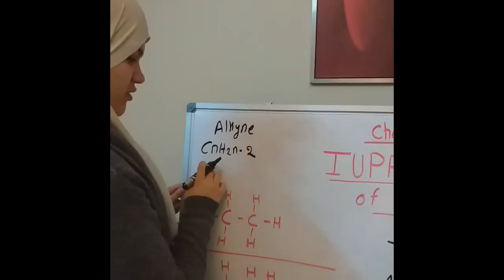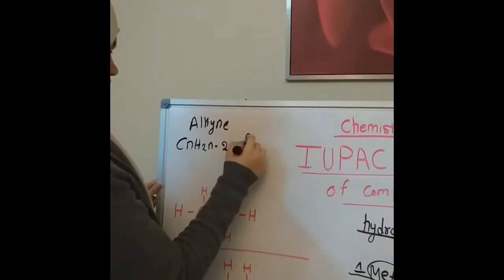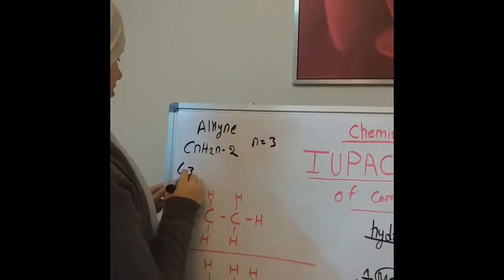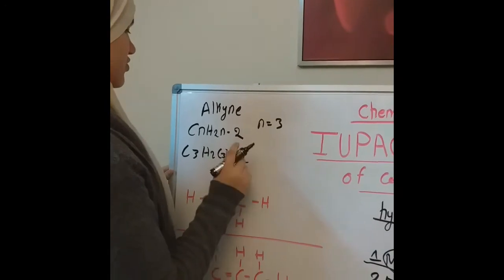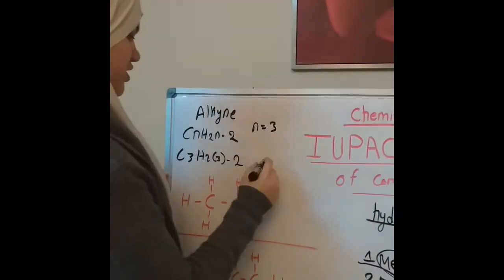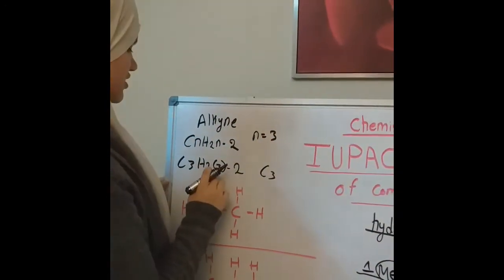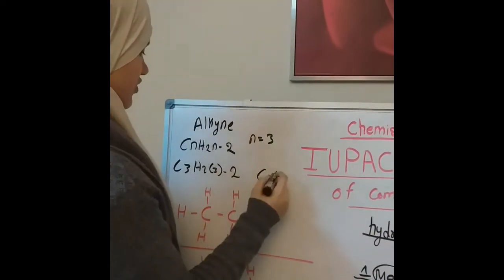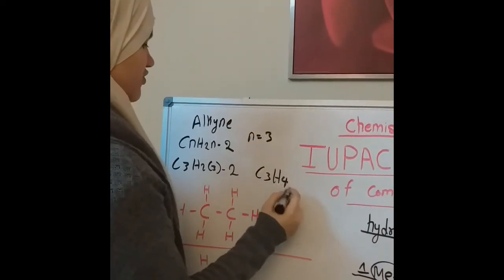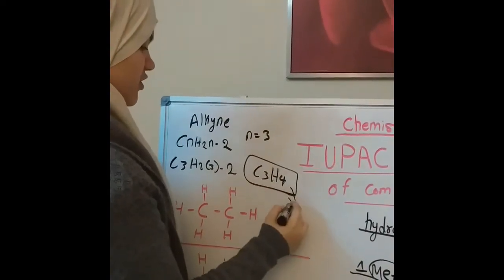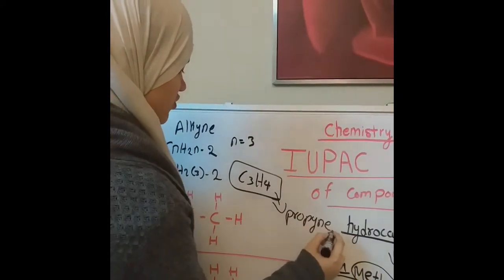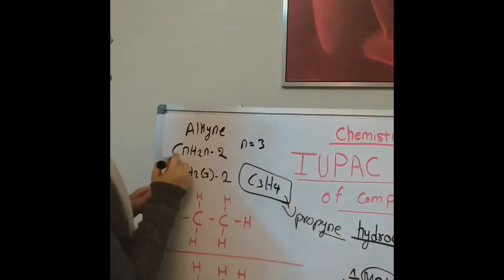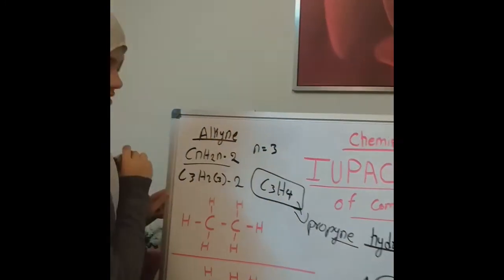Then I will take n as 3. C3H2 times 3 minus 2. That means it will be C3, 2 times 3 is 6, 6 minus 2 is 4. C3H4. Its name will be propyne, with the suffix yne, because the formula is for alkyne.